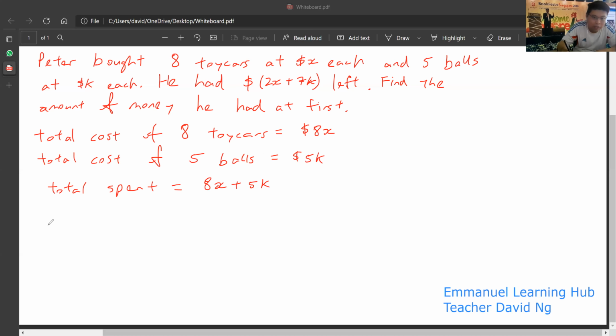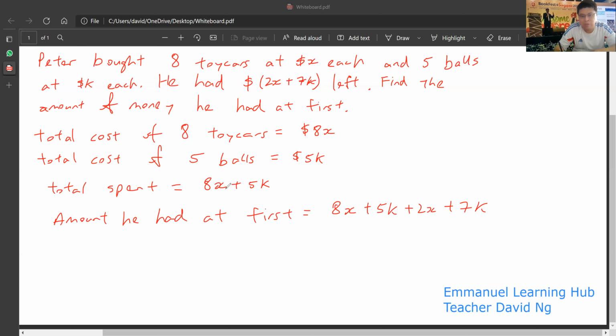Okay, this is the total left, right? The amount he had at first, can work that out now, right? So how to find? Show working. 8x plus 2x plus 7k plus 5k.